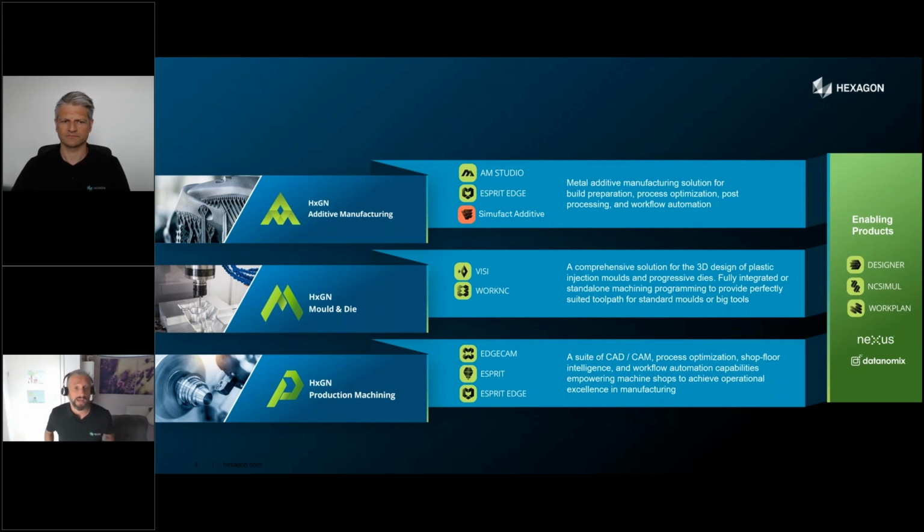And the brand new one, our topic for today and the next webinars, is the additive manufacturing suite with the product AM Studio as the heart of this solution, Esprit Edge to do all the post-processing, Simufact Additive to make high-end simulation beside AM Studio, and also included in AM Studio with a small subset of these functionalities, and enabling products beside with Designer to do all the CAD functionalities and interface functionalities, and for sure the Nexus implementation for the whole workflow.